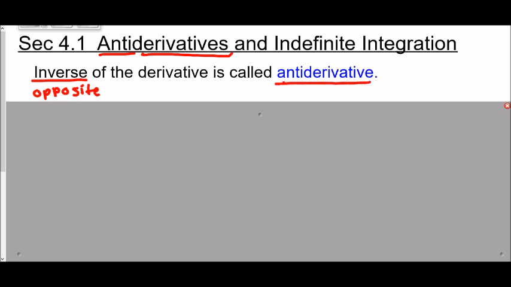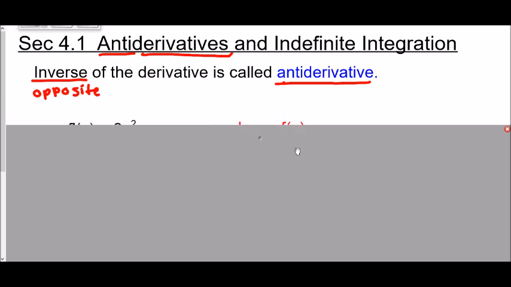So what we're going to be doing in this chapter, and specifically in this section, is we're going to focus on doing our derivatives kind of backwards. So we're going to talk about one of the problems we run into and how we're going to incorporate that into our answers.